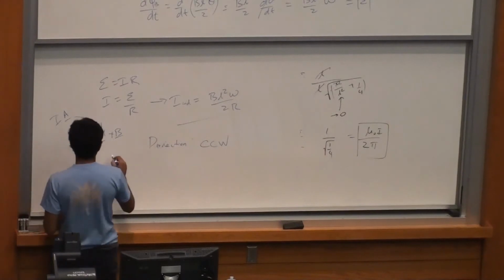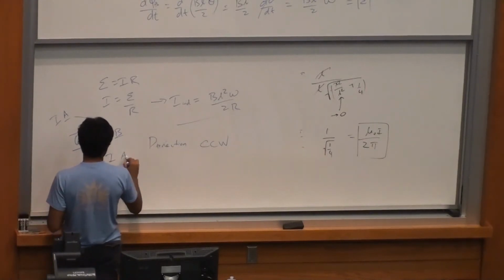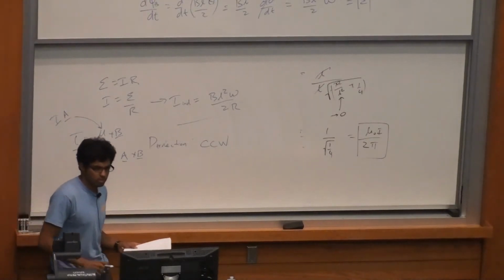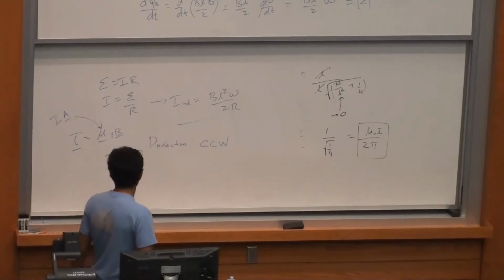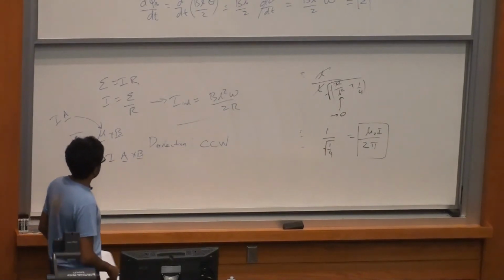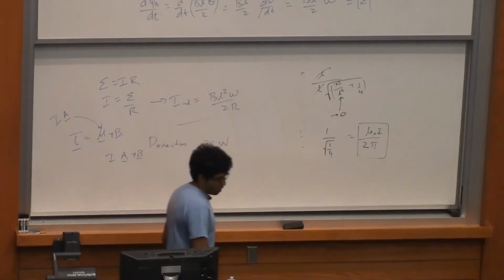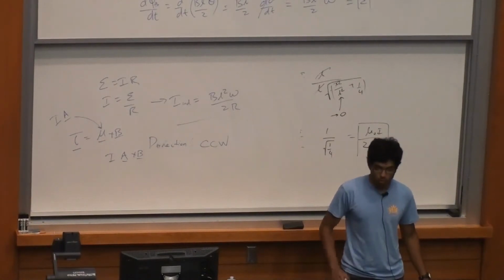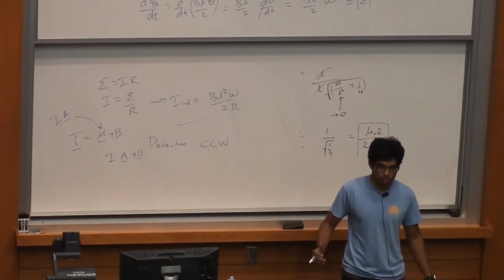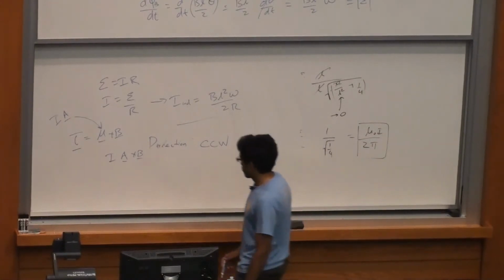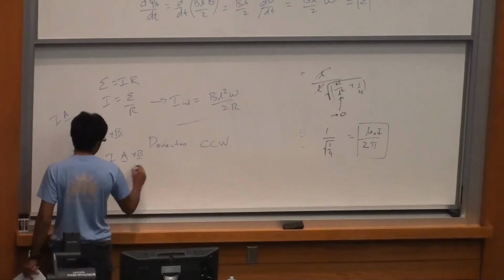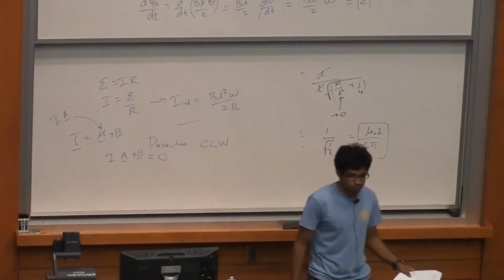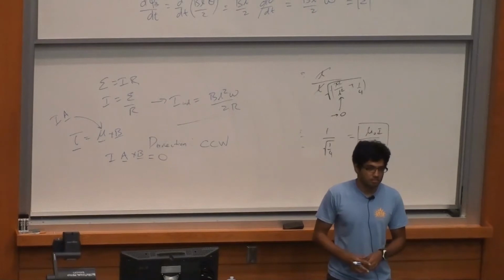So in principle it's I A cross B. I believe you guys did this in chapter 27, right? Now my magnetic field and area vector, whatever direction you take the area vector to be, are parallel. So the cross product between them is equal to 0, which means there's no torque. So, easy problem.